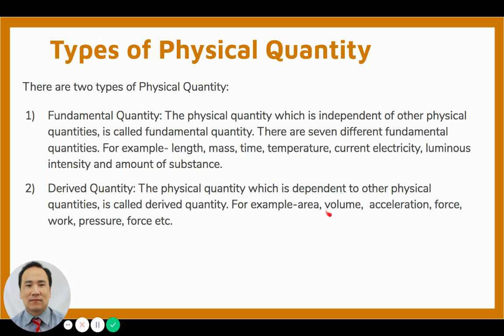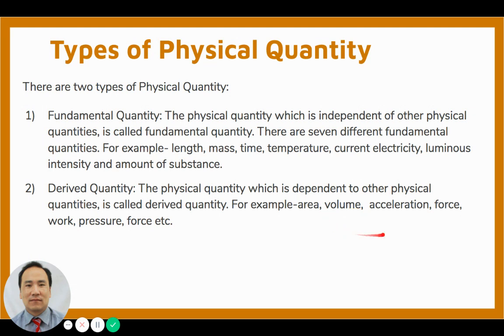Similarly, volume. The volume formula is length into breadth into height. So you cannot measure volume directly. Acceleration, change of velocity per unit time. If you want to measure acceleration, you have to know the value of velocity, you have to know time, then only you can measure acceleration. So what does it mean? You cannot measure these quantities directly like length, mass, and time.